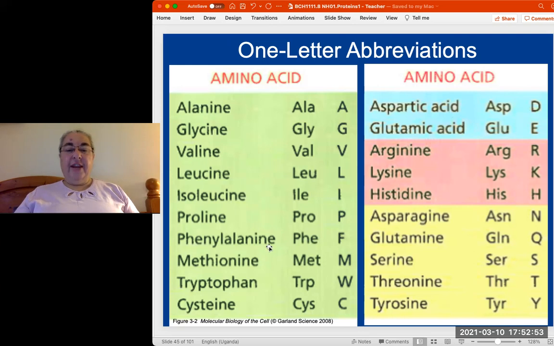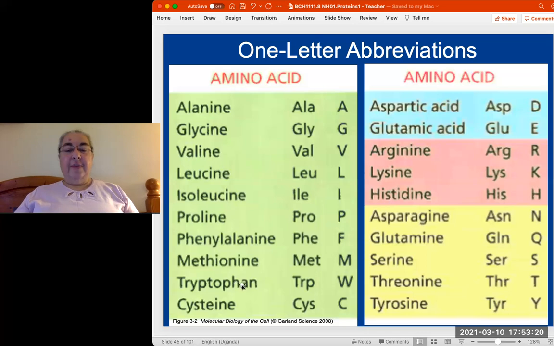So phenylalanine, the P has been used up for proline. So phenylalanine begins with PH, so it has an F sound. So the abbreviation is F. Okay. Tryptophan has the abbreviation W. Here they're sort of starting to run out of ideas, I think.